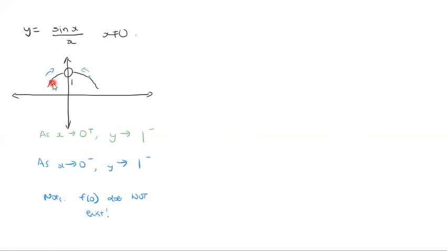Now, I could draw all sorts of graphs to give you guys the point. They might not be graphs you like or are comfortable with, but let's add a graph like this.